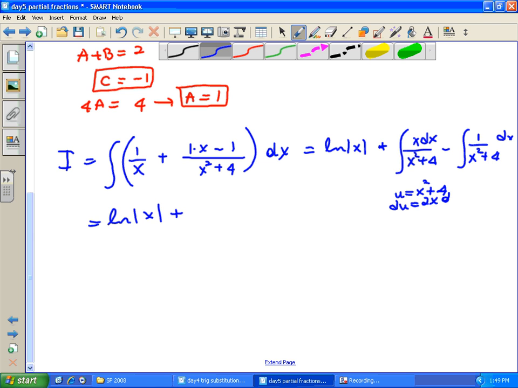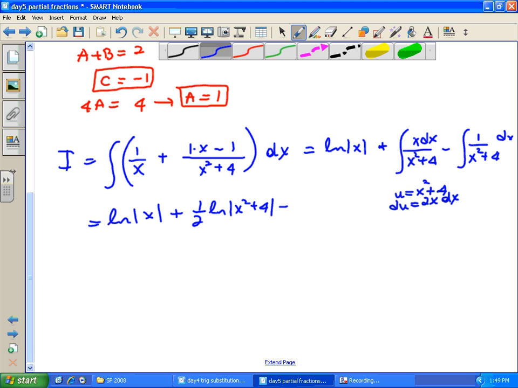Exactly. If you go through your u substitution, you're going to get 1/2 ln u, which in this case is x squared plus 4. And the last one, tangent inverse, right? The last one is a direct application of the tangent inverse formula.